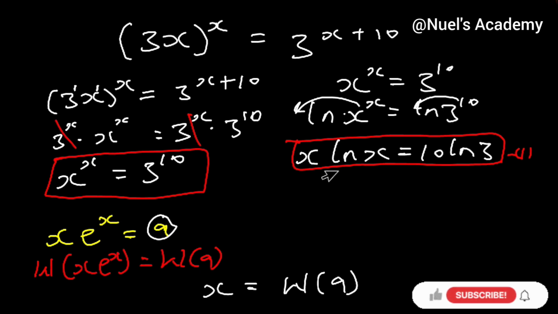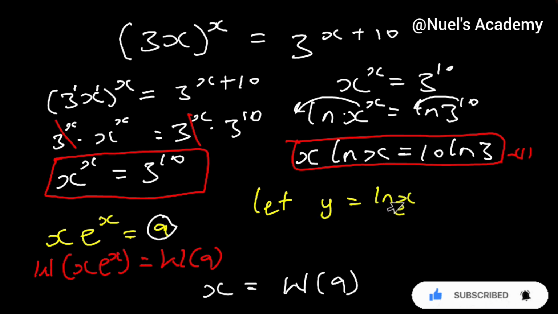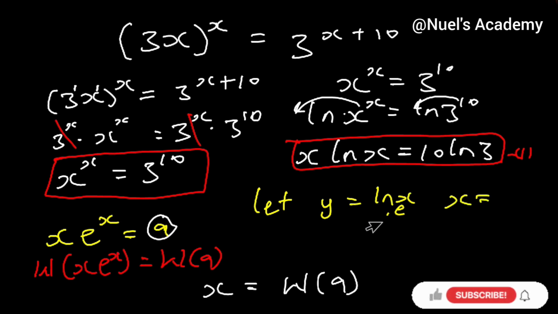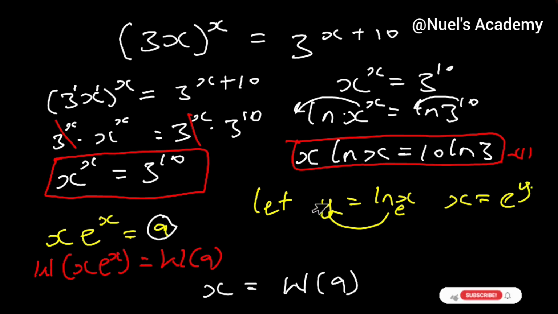The next thing we're going to do here is some substitution. Let y equal ln x. If y is equal to ln x, remember that e is the base of this natural logarithm, so our x is now going to be equal to e raised to the power y, e^y. And so in equation 1, anywhere we see x, we represent it with e^y, and anywhere we see ln x, we represent it with y.